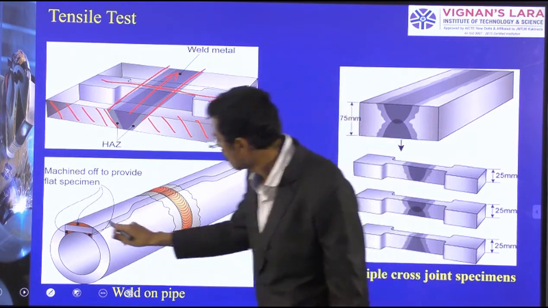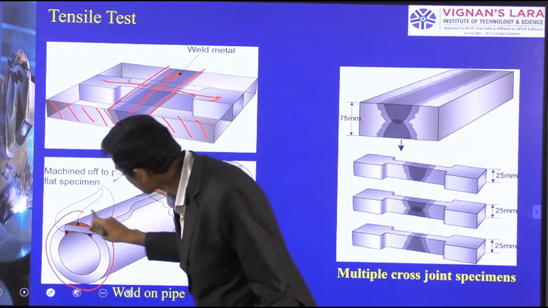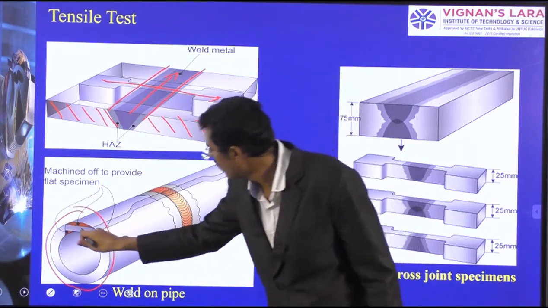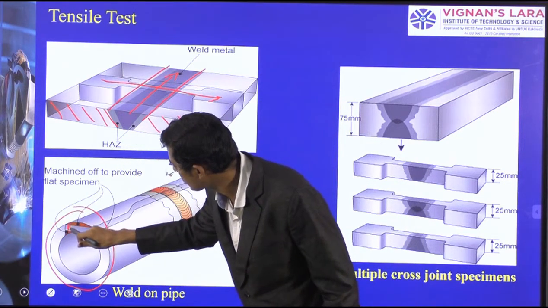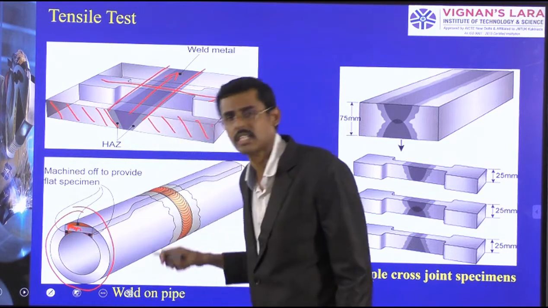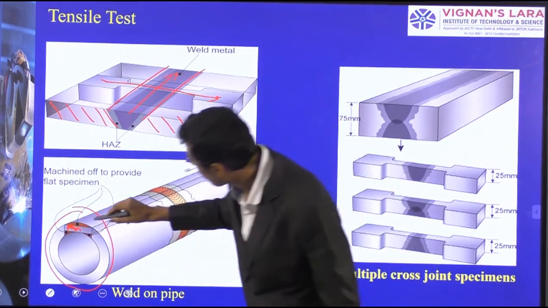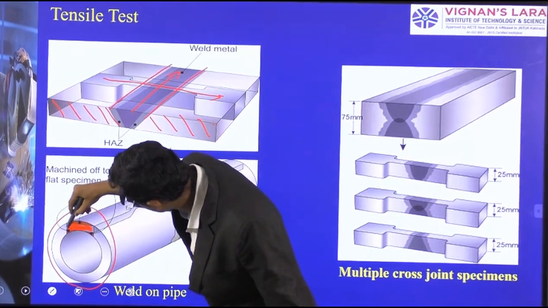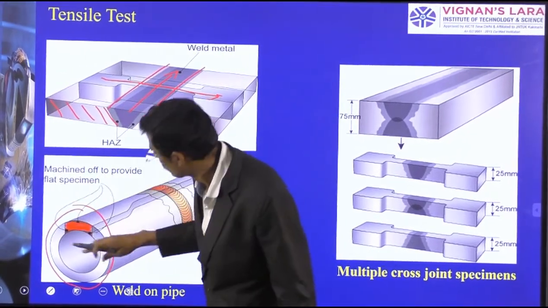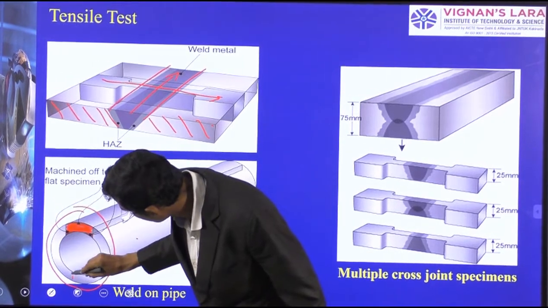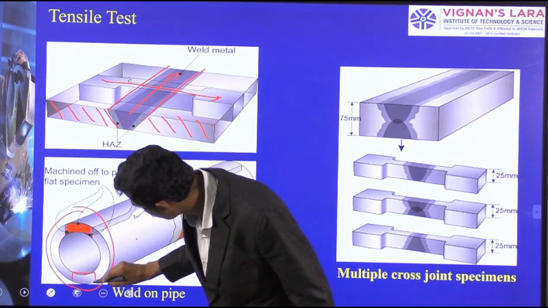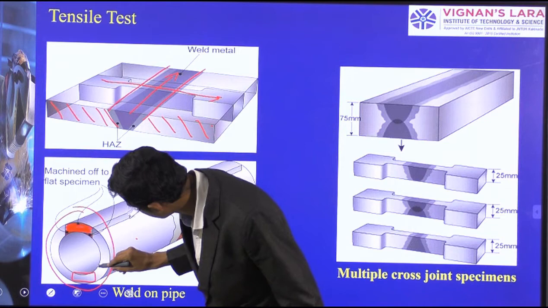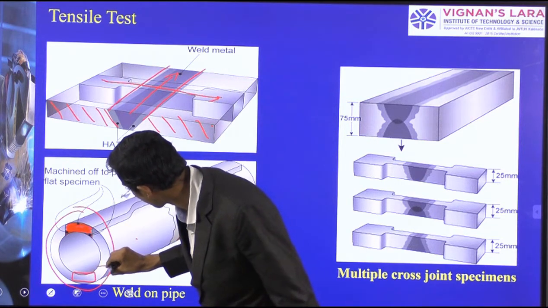In case of pipe, how can we do it? In case of pipe, we need a straight thickness. A pipe may be in a circular format, but we need a flat specimen. So in this location we are getting a flat, and this flat I am removing. Here also, similarly, I can create a small flat strip.